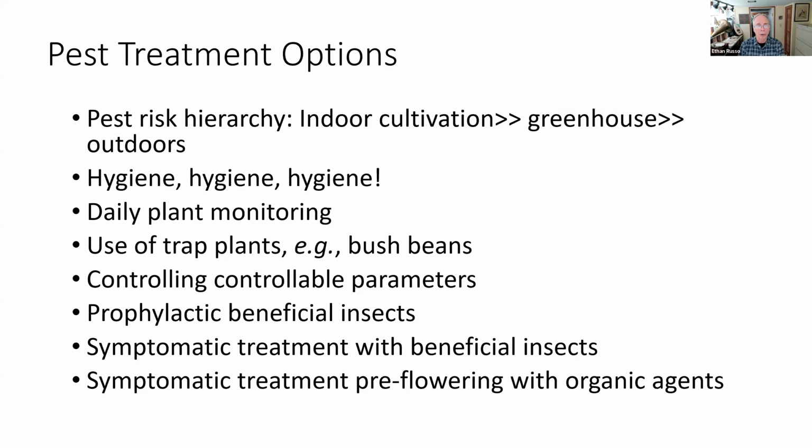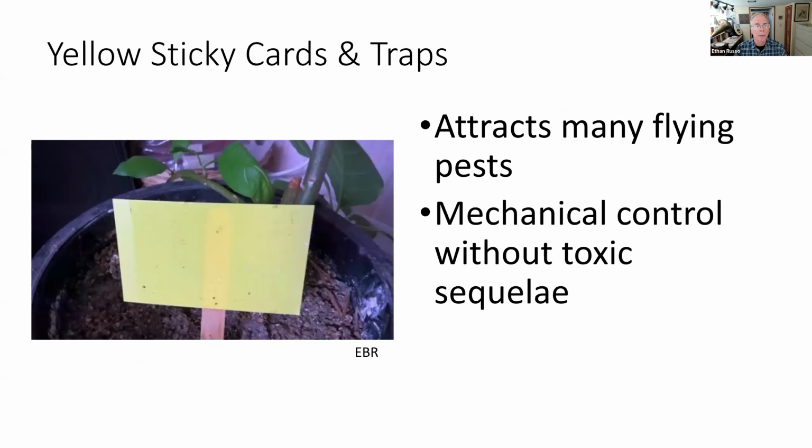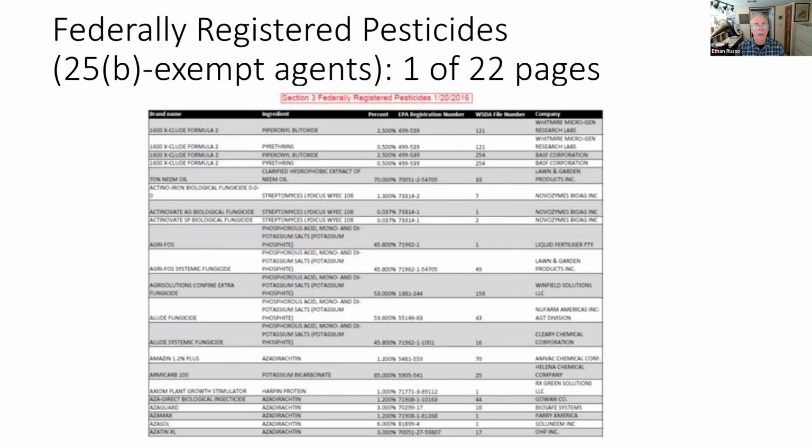You should try to control controllable parameters where you can, use beneficial insects to treat when pests are seen, and judicious use before flowering of organic agents. A very simple method is yellow sticky cards. These attract many flying pests. It's a mechanical control. Nothing gets on the plant itself, so there's no toxicity risk.